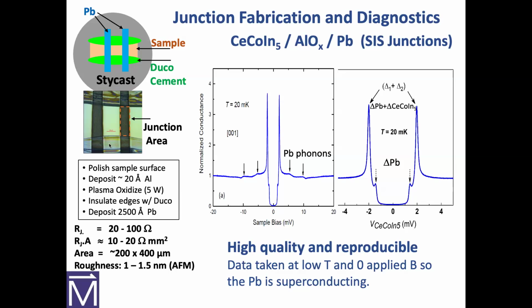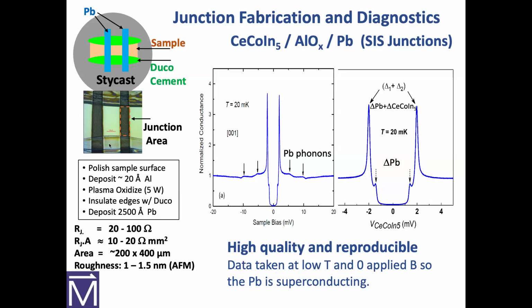So what do we see here? Here we're at 20 millikelvin, so everything's superconducting. It's an SIS junction, and the lead phonons are clean and clear. So that's a good junction. The center is nice and flat, like you would expect for lead as an S-wave superconductor. But we also see the lead gap, and we see delta and delta 1 plus delta 2.